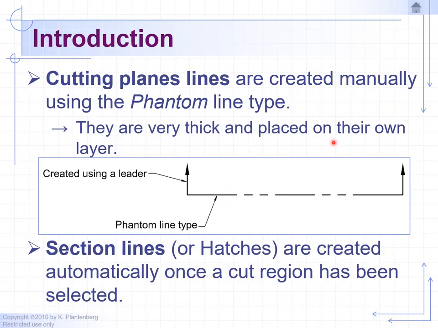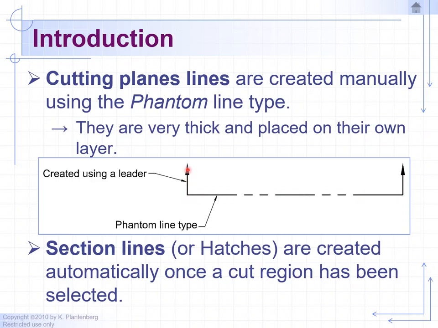AutoCAD does not have a command. It doesn't have a cutting plane command that'll draw this for you in one shot. So you're going to have to manually draw your elements. Okay, so when you're creating a cutting plane line, the author recommends to manually draw a line using a phantom line. So you use the line command to draw your cutting line.